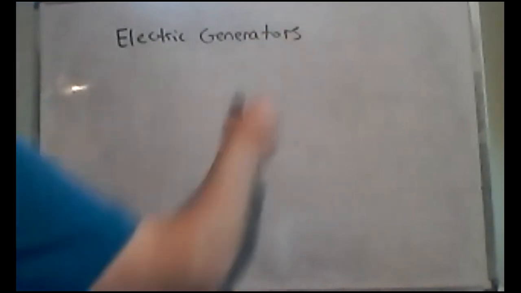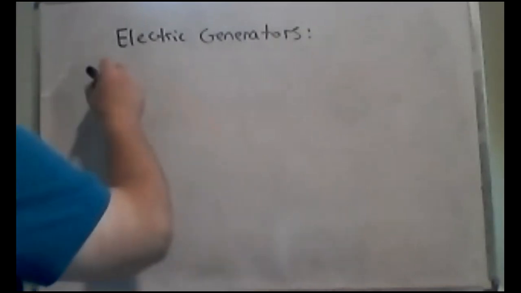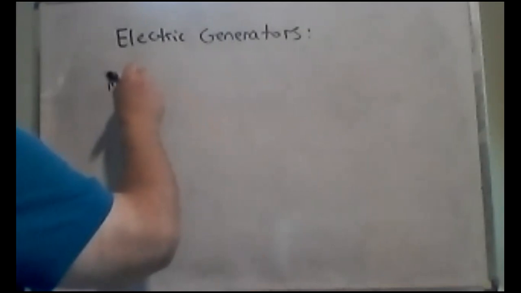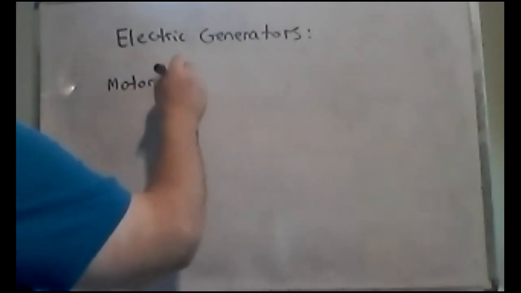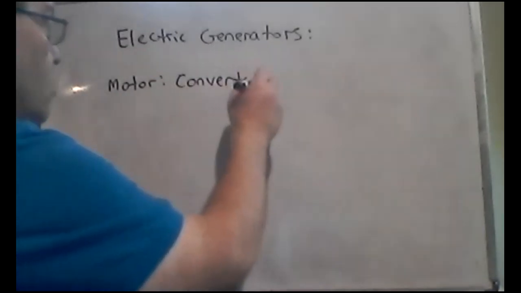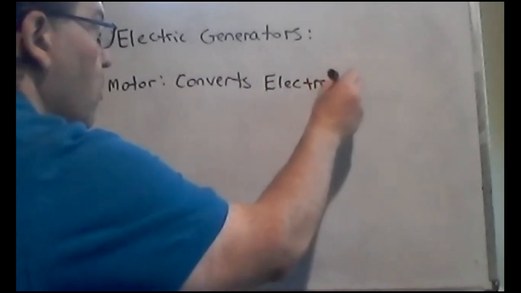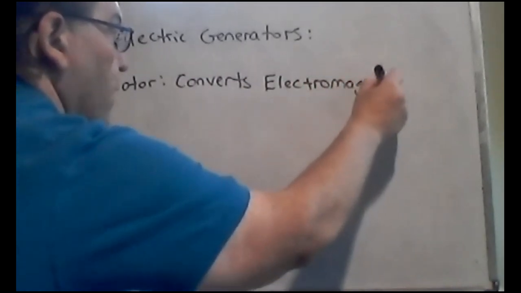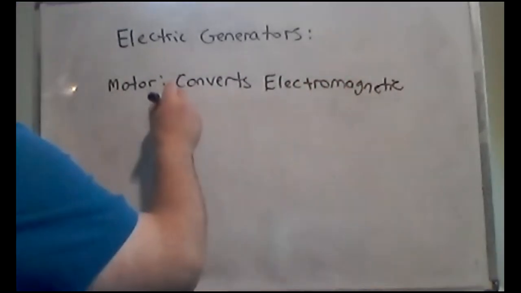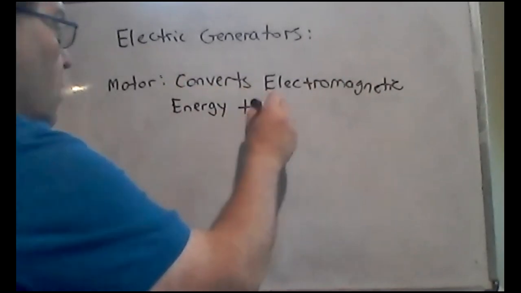All right, so electric generators, we're going to see that they're very similar looking to motors. So remember what a motor does. A motor converts electric energy, magnetic energy, how I like to put it, to mechanical energy.